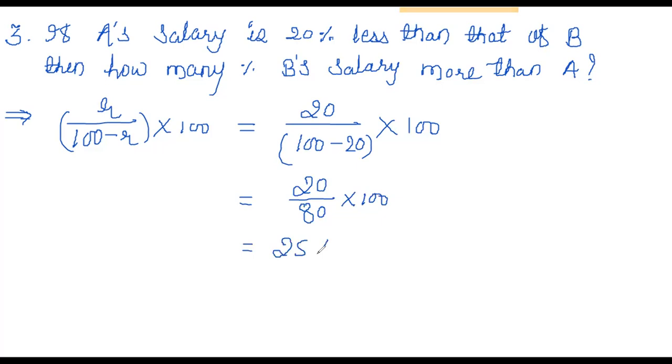So it is 25%. So here B's salary is more than A's by 25%. Everyone understood these examples?